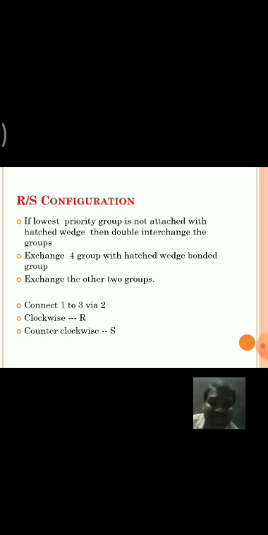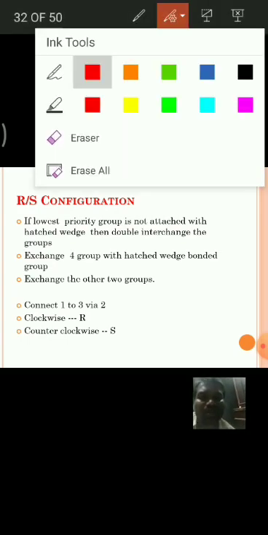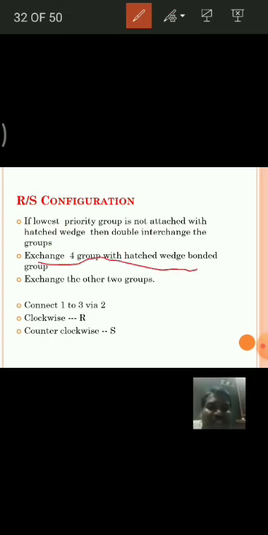That means it remains the exact molecule, no change will occur. Exchange the fourth group with the hatched wedge, so that the fourth group goes into hatched wedge bond, and the remaining two groups also we should exchange, so that the molecule configuration doesn't change.